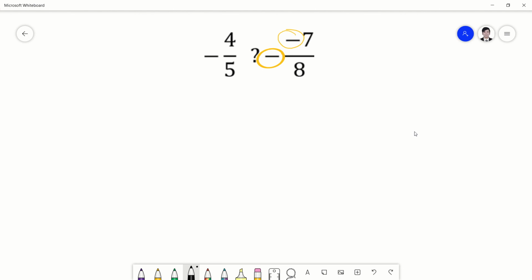Negative times negative, take note, that will become positive. So we can simplify negative of negative 7 over 8 as 7 over 8 because negative times negative is positive. And this item is already easy because negative numbers are always lesser than a positive number.